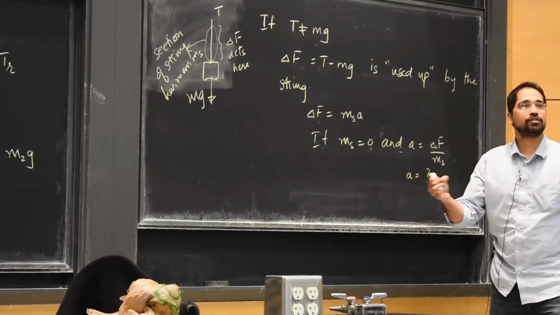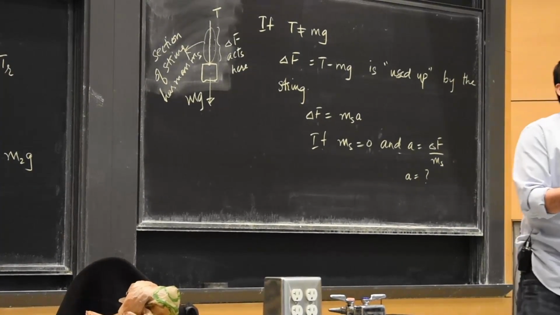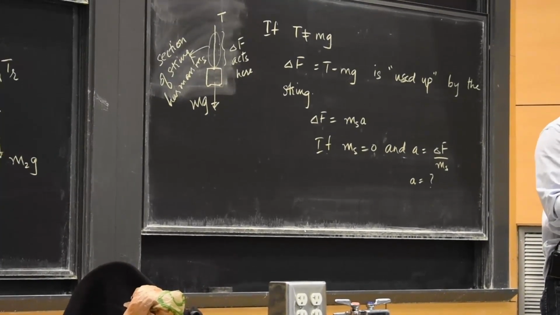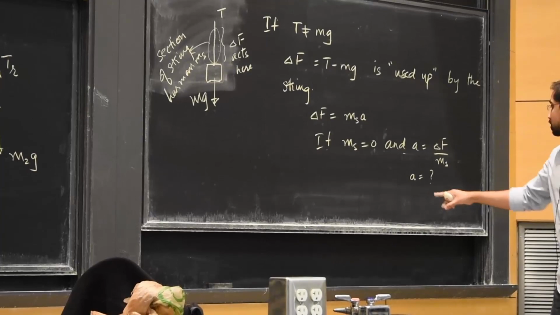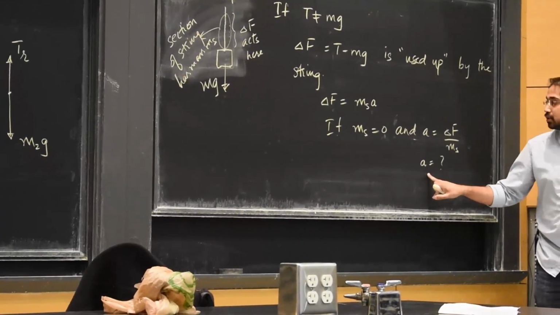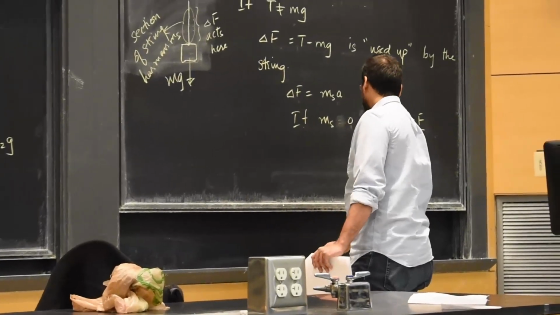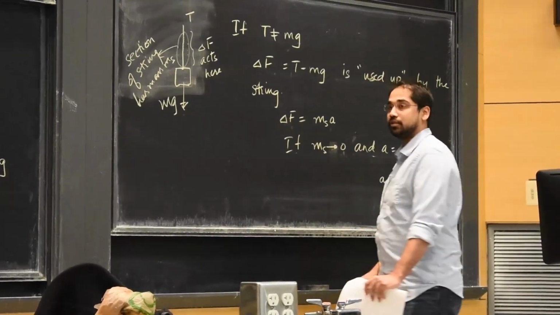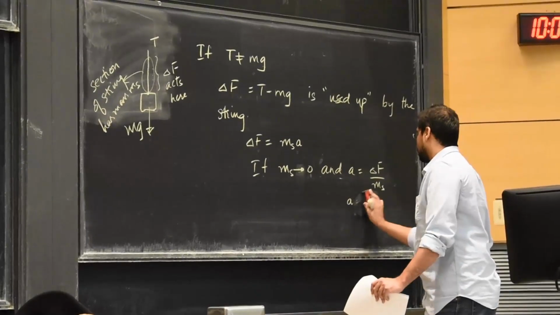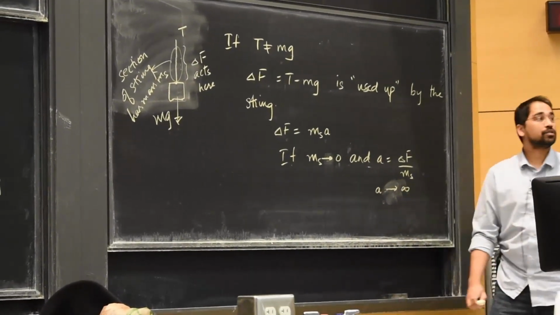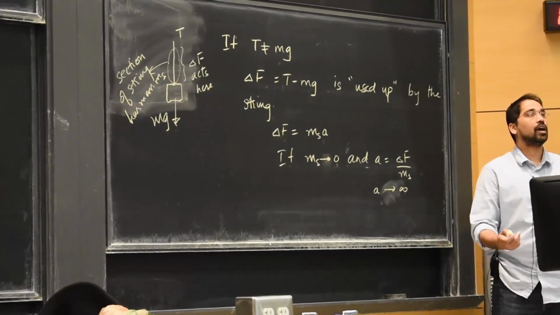And if you consider this to be some really, really small mass, not being 0 exactly, but something really small, this acceleration would be a very large quantity. This would tend to infinity, right? So if this somehow approaches 0, then the acceleration tends to blow up. And we know that can't be true.